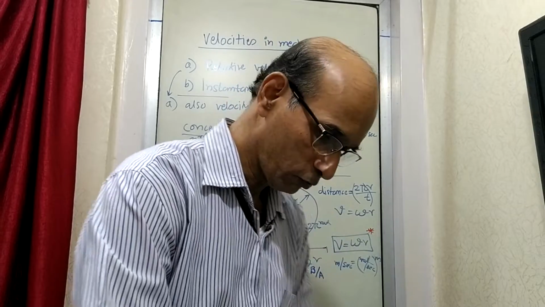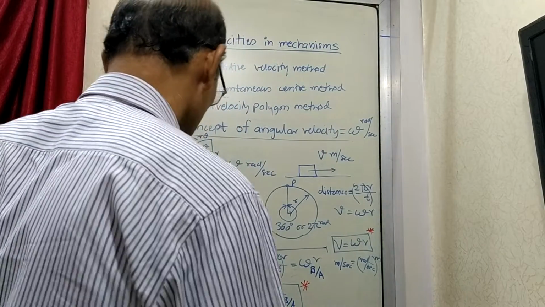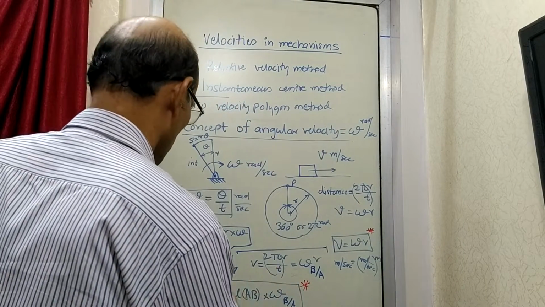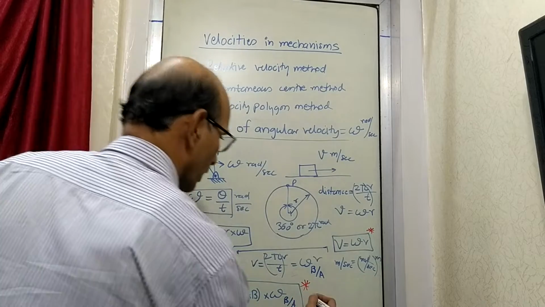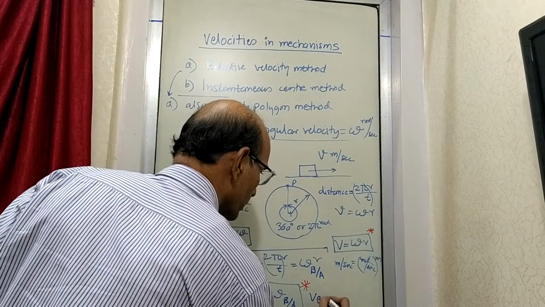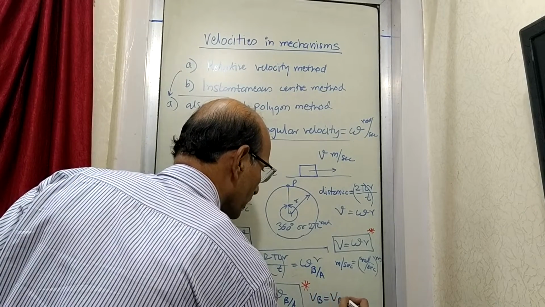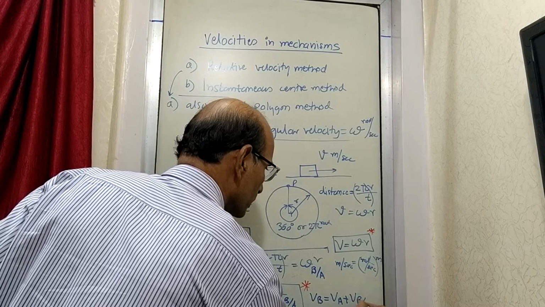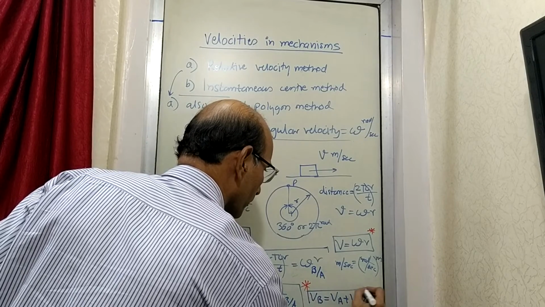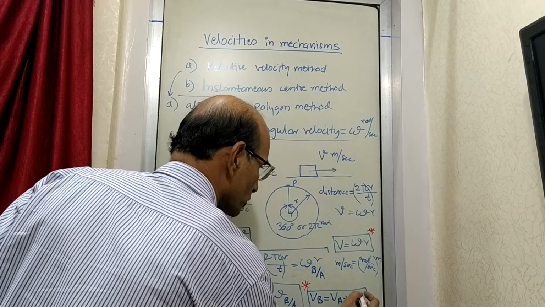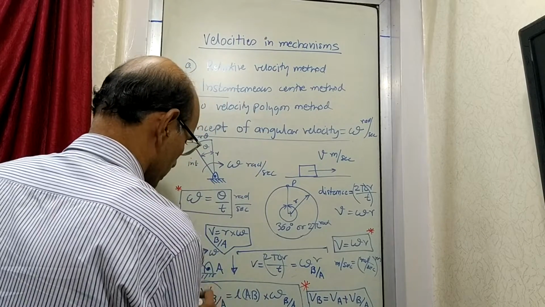So what we have already written is like this. Velocity of B is equal to velocity of A plus velocity of B with respect to A, where velocity of B with respect to A is this.